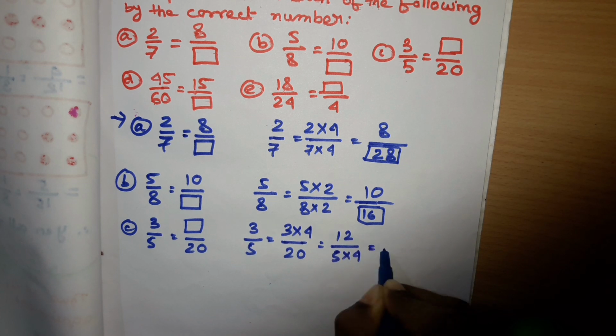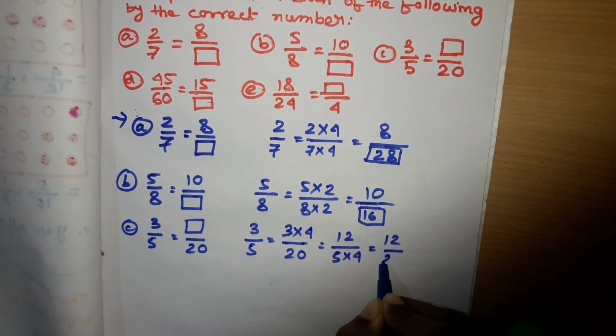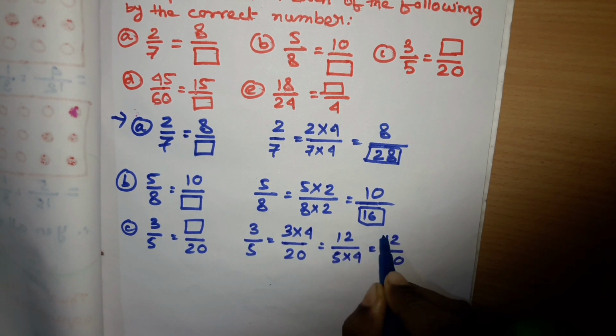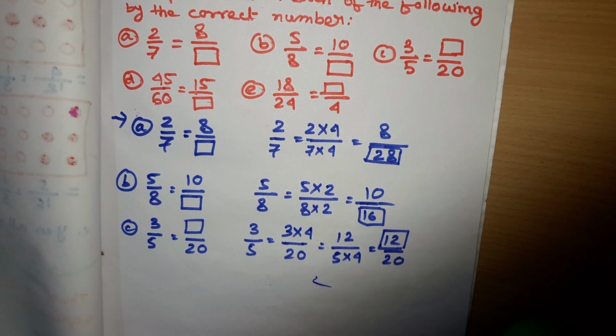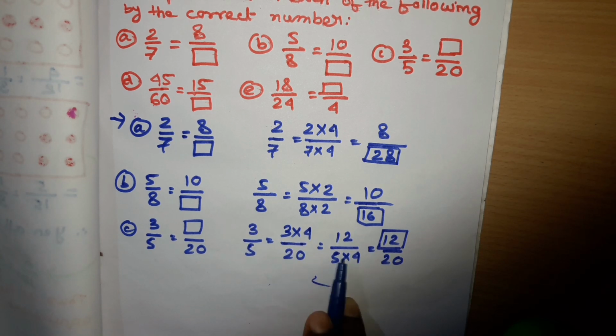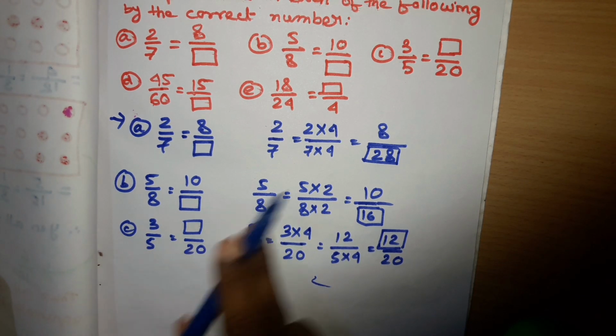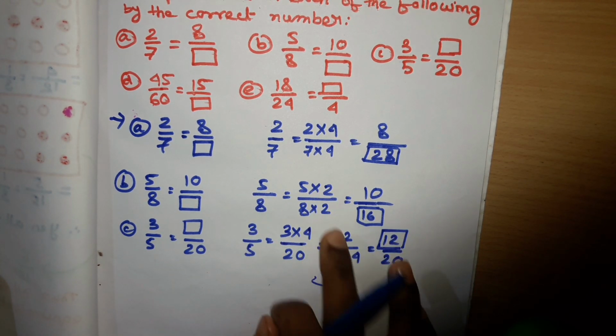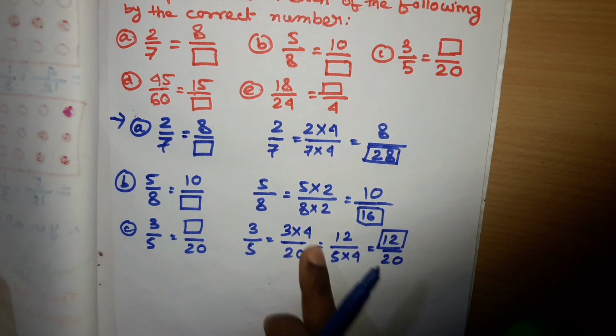That's why it is 12 by 20. So here in the box it is 12. You can skip these two lines. I am just showing it in two different places, but you can write it in a single line like those earlier two problems.